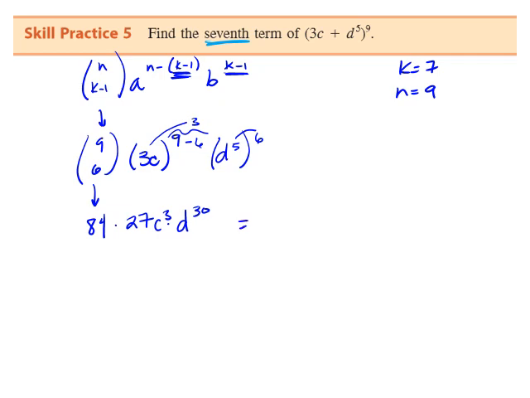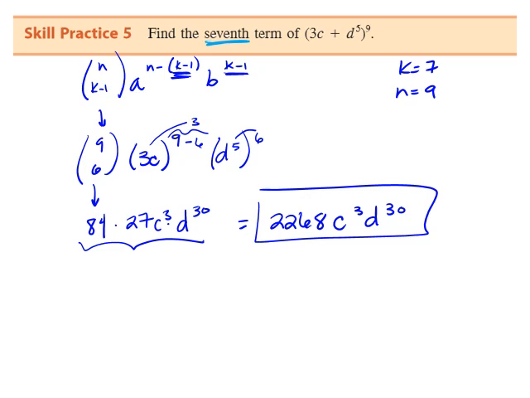When you multiply this all out, the final answer is, I'm sorry, 2,268 c cubed d to the power of 30. And that concludes this video.